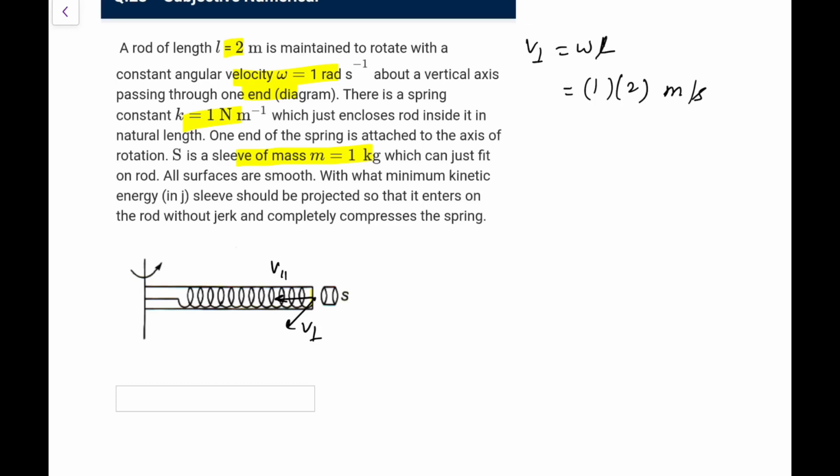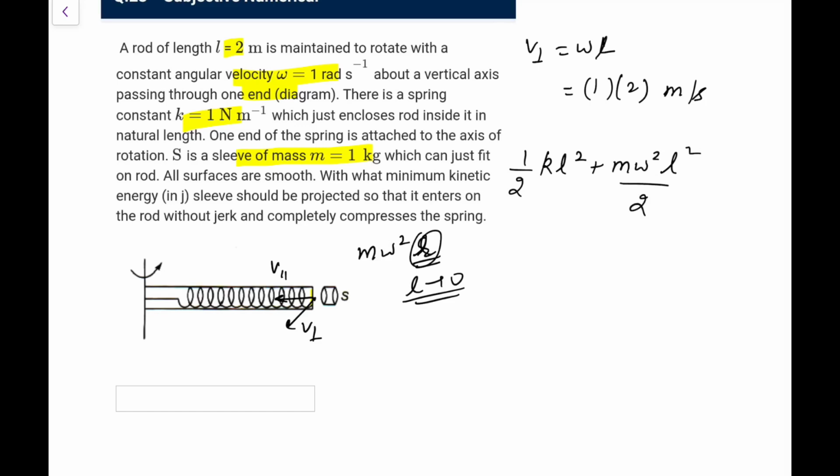So we need to do work against that pseudo force as well, because the pseudo force acts outwards and the sleeve is going inwards. The work against the spring would be half KL square because it completely compresses, and that force you know as m omega square r. This r will vary from L to 0, so it's a linear variation, and if you integrate over this distance, I can directly write it as m omega square L square by 2.